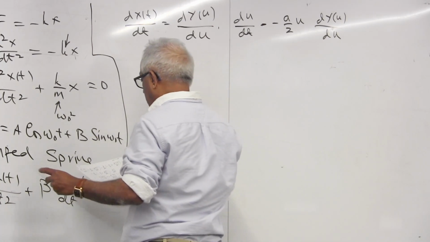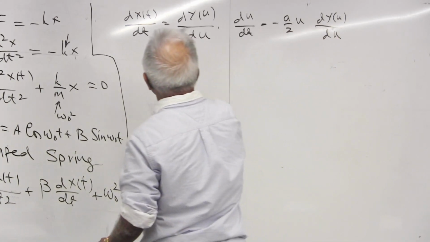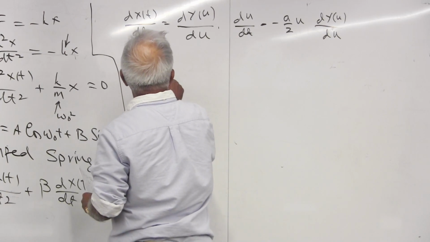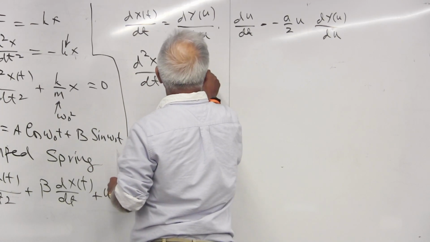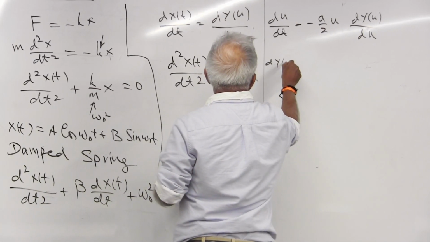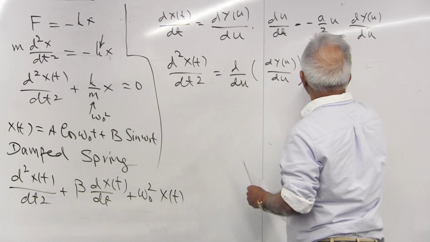Now we take the second derivative. So that is d squared x(t) by dt squared. So that's d by du of dy(u) by du and du by dt.